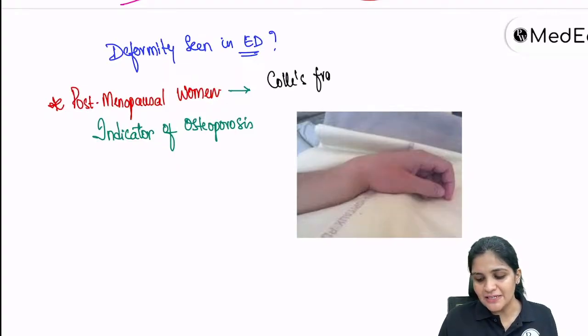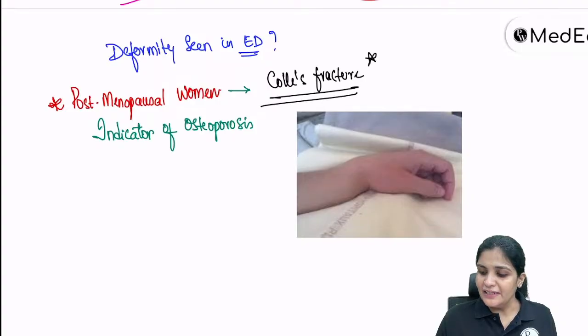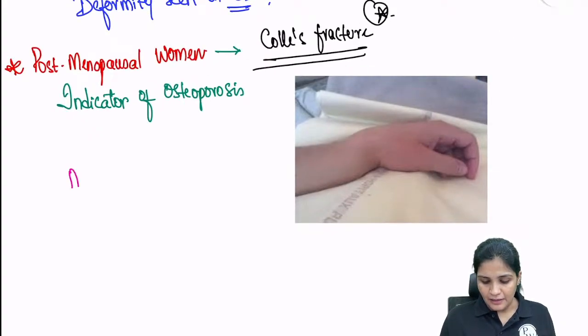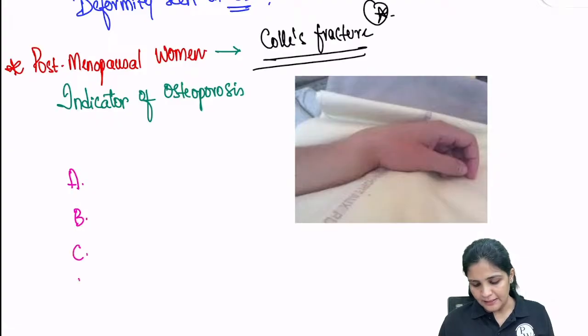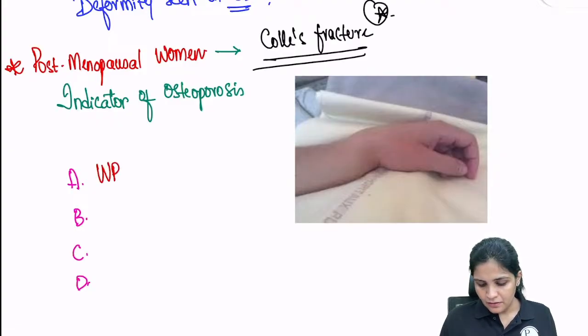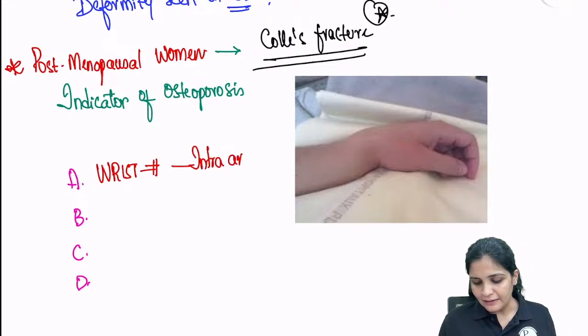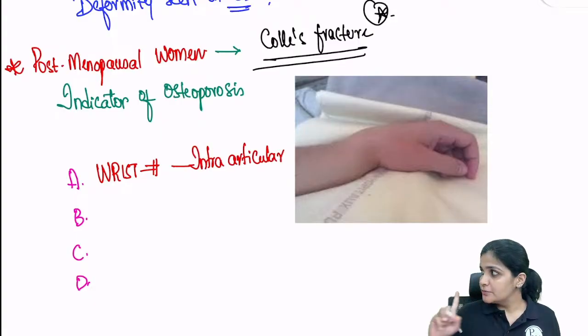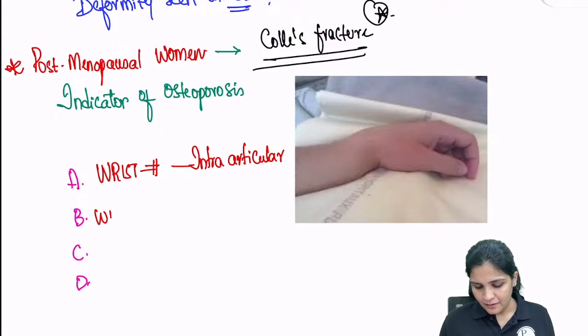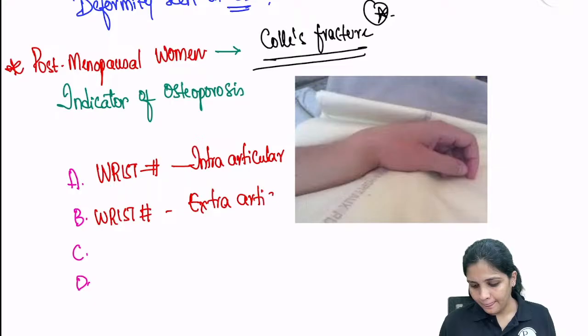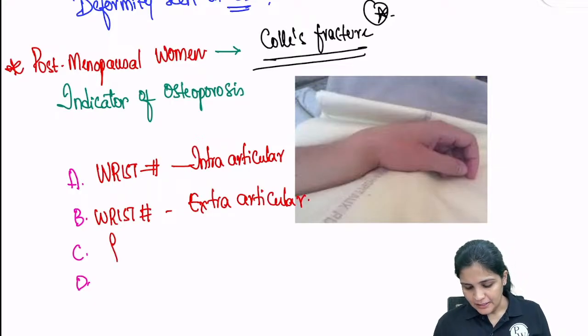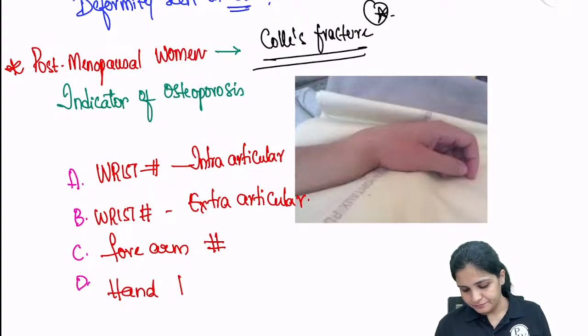But what was the question asked? This image was given in the exam and the question was asked with options A, B, C, D. Wrist fracture, intra-articular; wrist fracture, extra-articular; is it a forearm fracture or a hand fracture, that means carpal bone fracture.